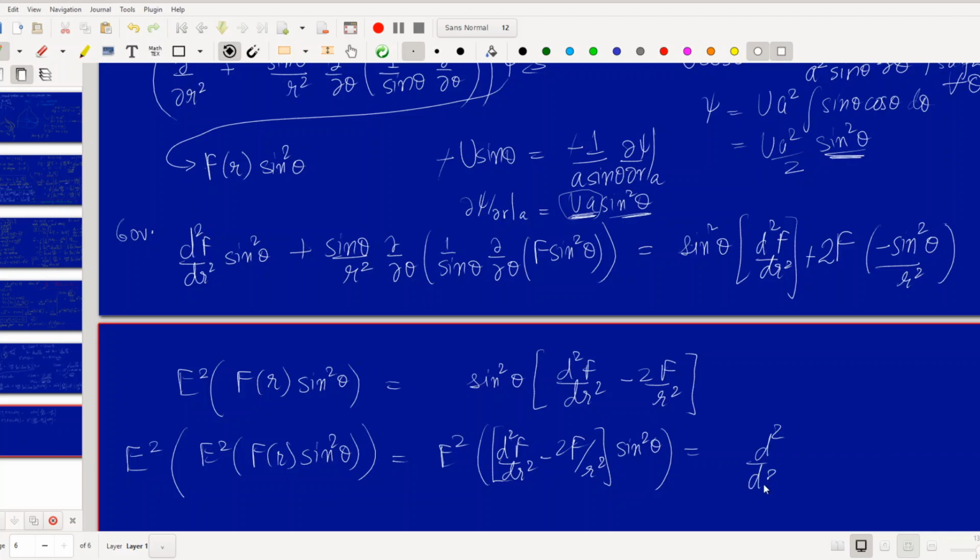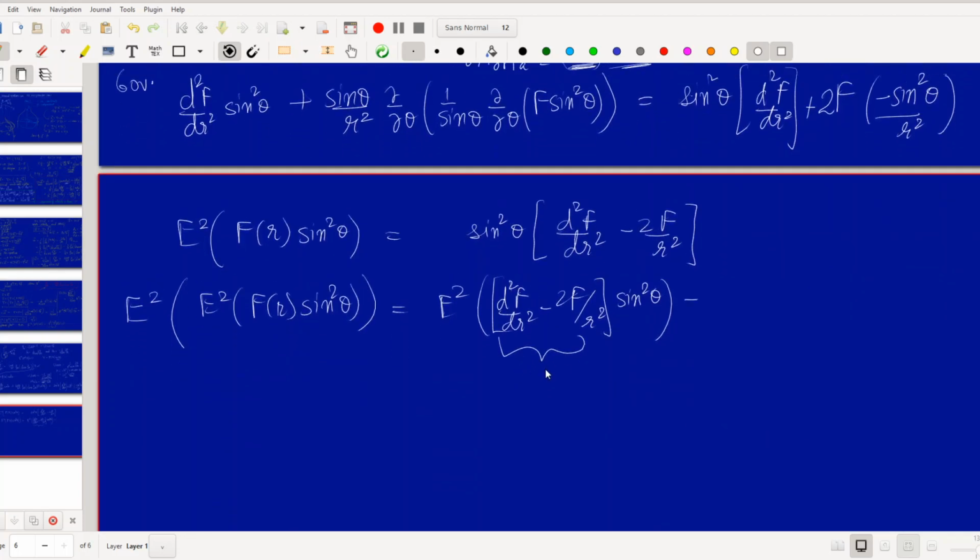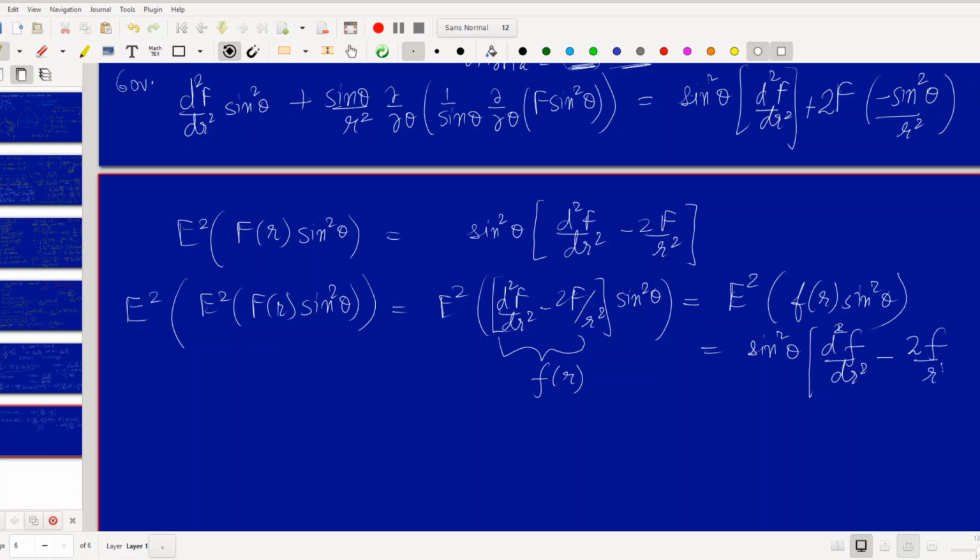d2 by dr2 of, okay, before doing that let me say that this thing is small f, small f of r. So then this essentially becomes E2 acting on small f of r times sin square theta, and this is nothing but sin square theta times d2 small f/dr2 minus twice small f by r square, and E2 acting on E2 on this has to be equal to 0, hence this whole expression is 0 for all values of theta.